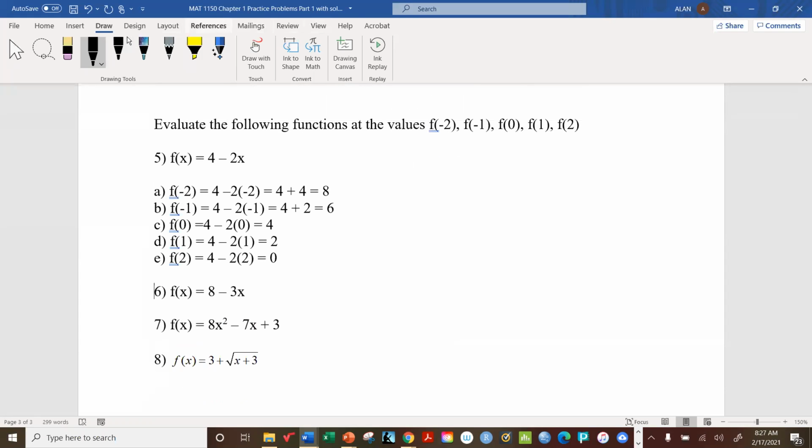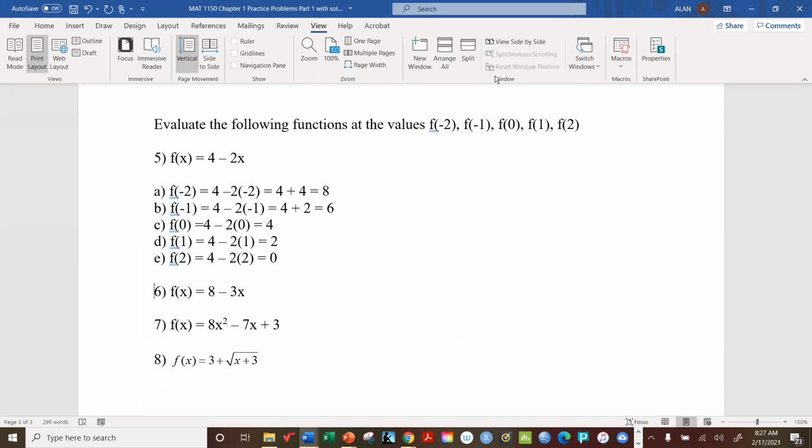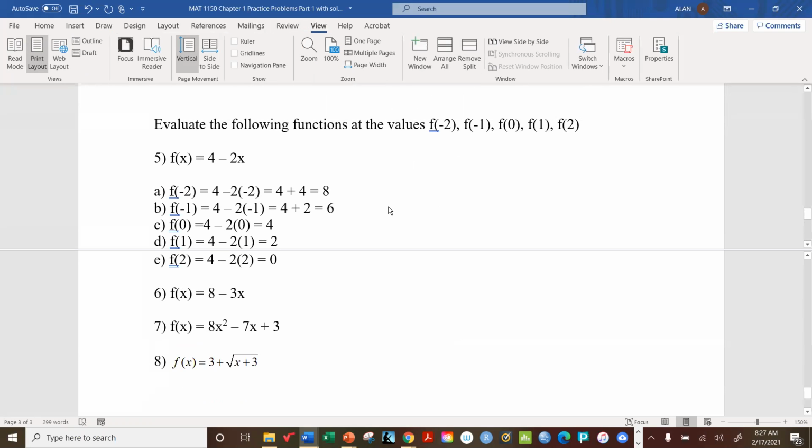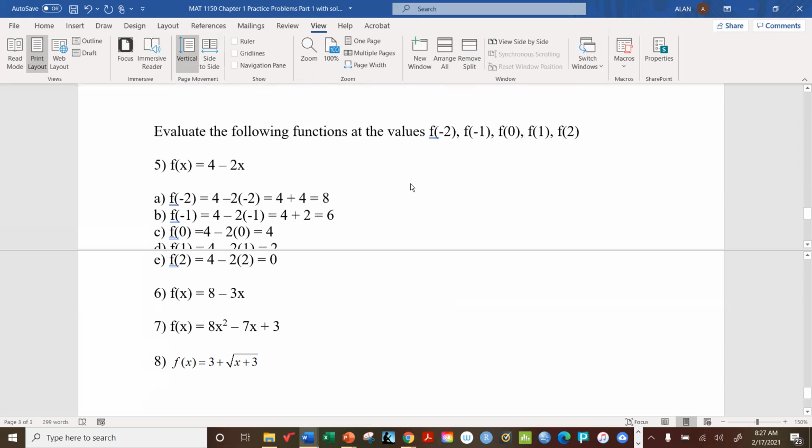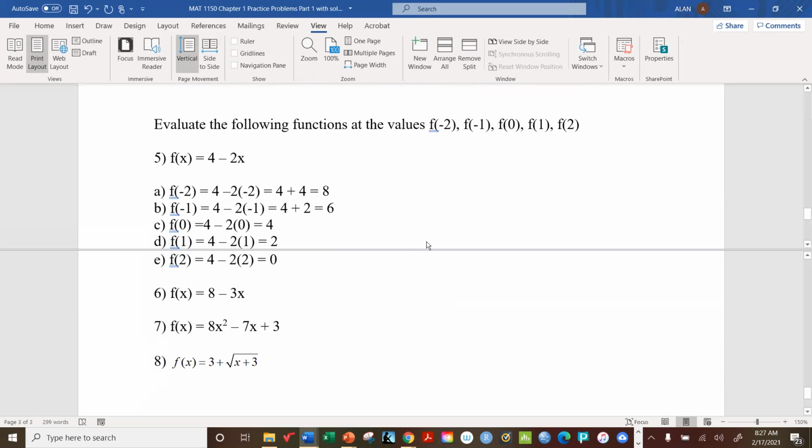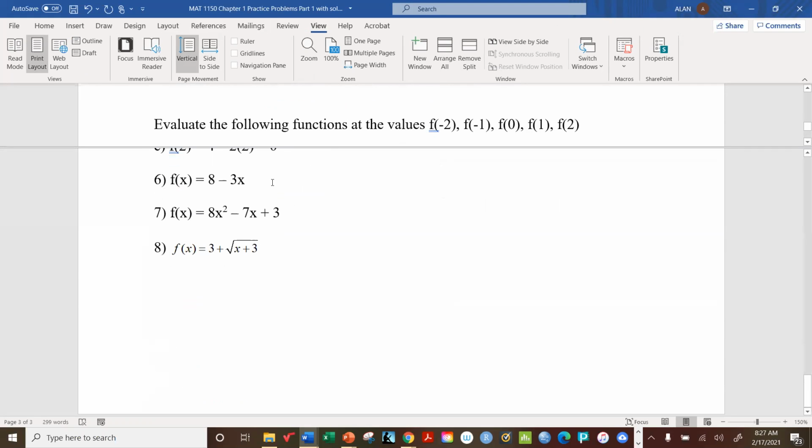All right, so let's see. Let's split up the screen and apply these to the next one. F of negative 2 equals 8 minus 3 times negative 2, which is 8 plus 6, which is 14. Is that right?